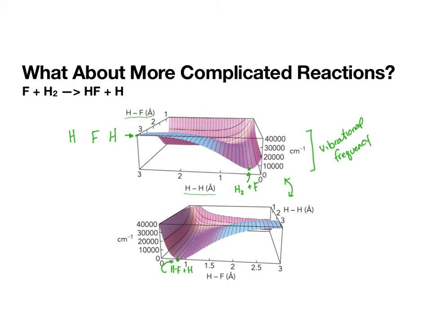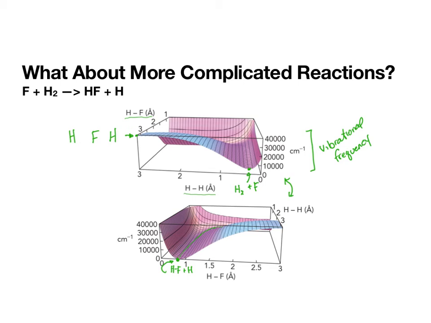And there's a path between these that stays out of the super high energy areas. These high energy areas are where those bonds are completely broken or where there are high repulsive forces from bringing those atoms way too close together. And so there's a valley between these hills, and that is the pathway of the reaction.